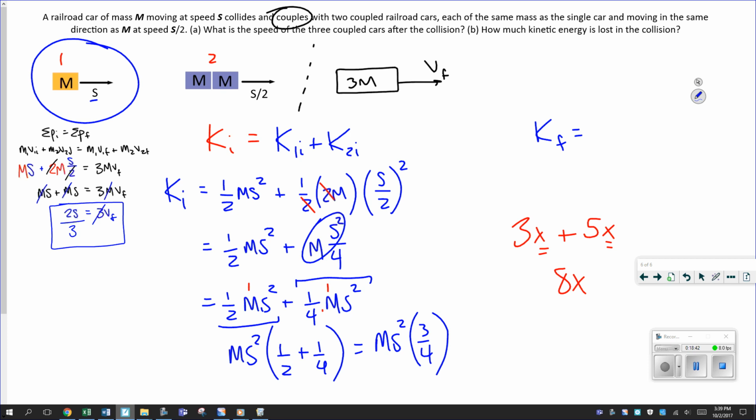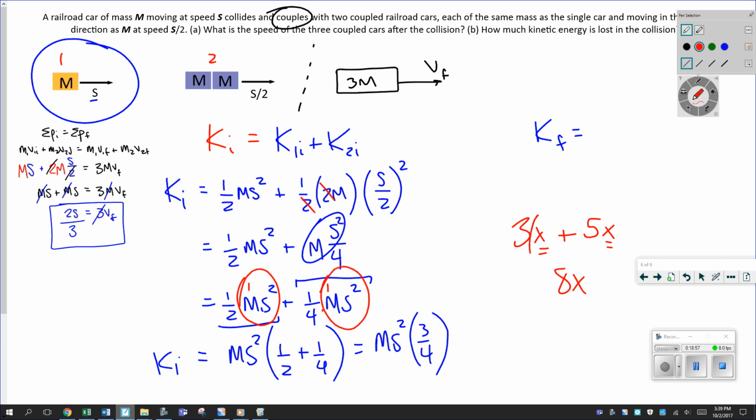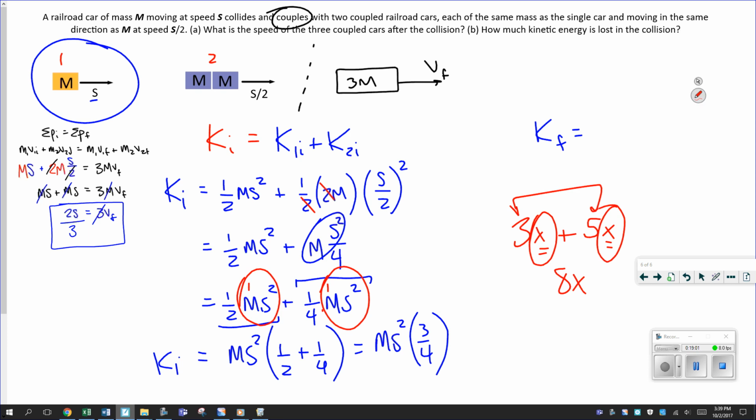That's the initial kinetic energy. Again, try to find that common factor, keep it, and then just add the coefficients.